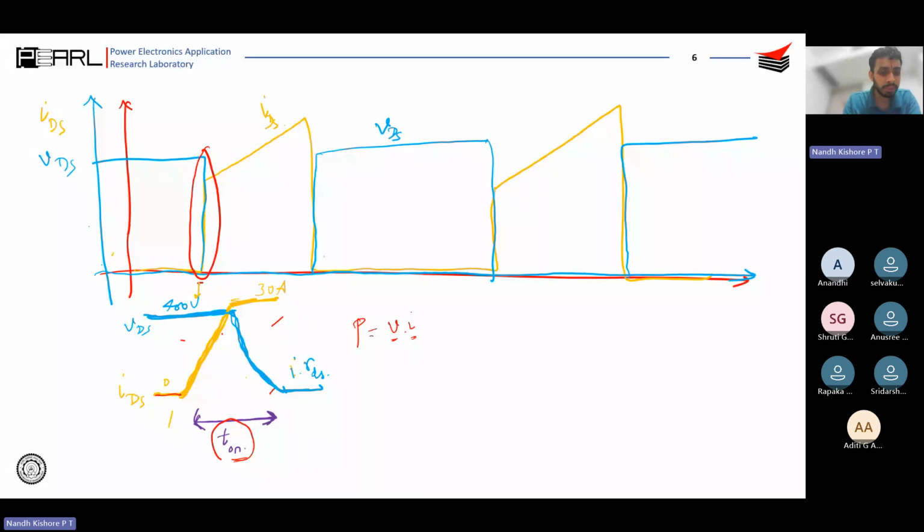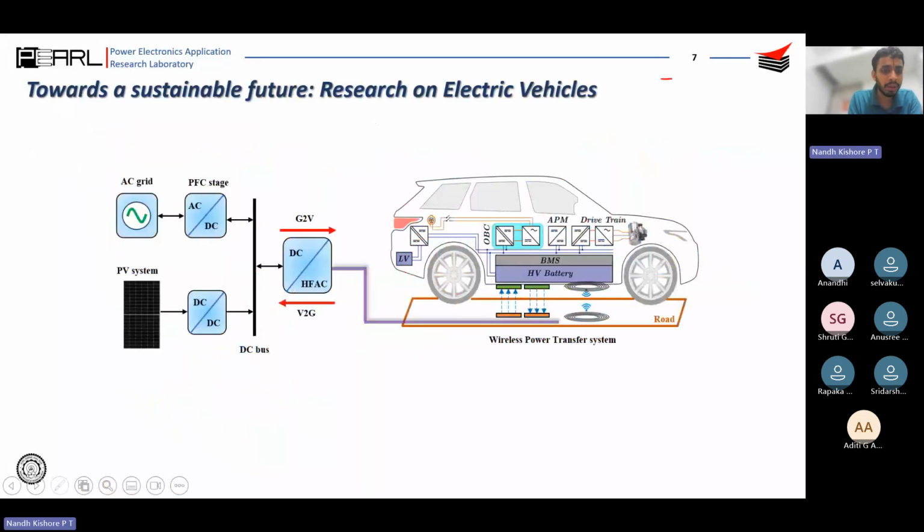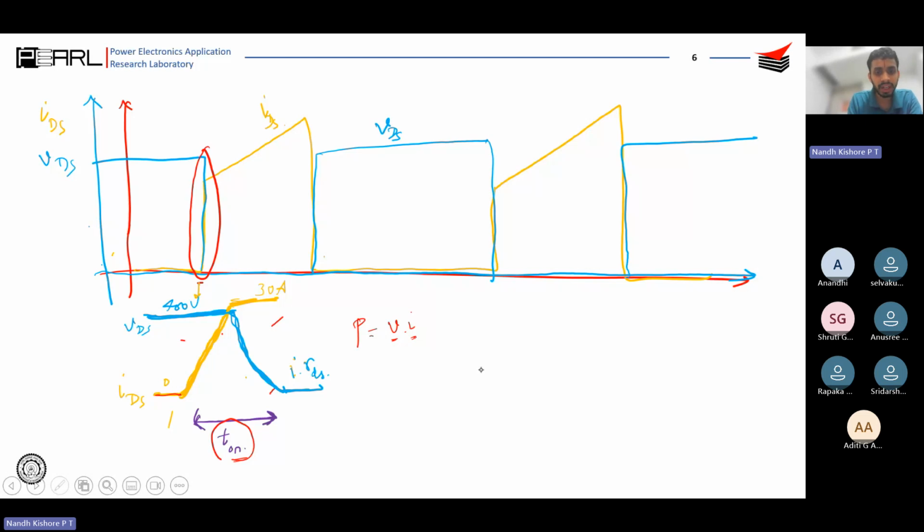And similarly, you can do a similar exercise during turn off as well. That is when your drain source current would be falling from a particular value to 0, and then your drain source voltage would be increasing.